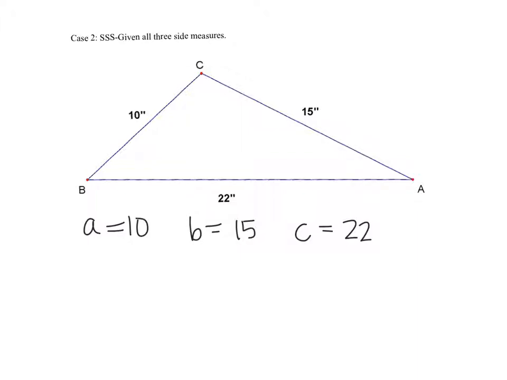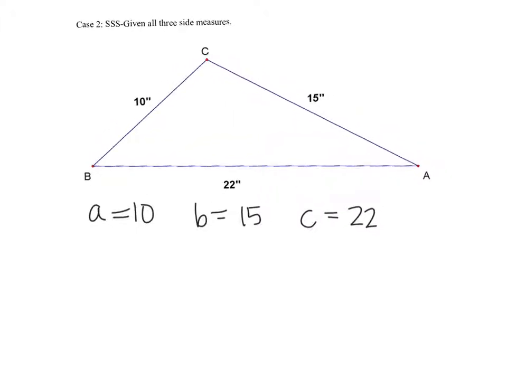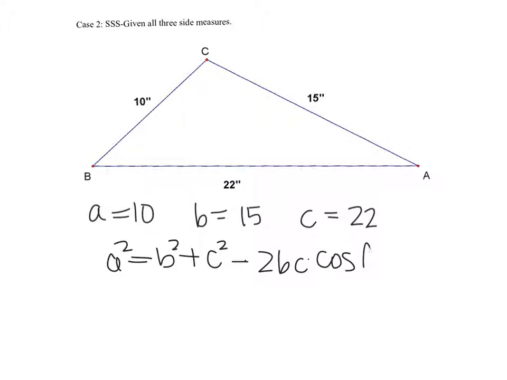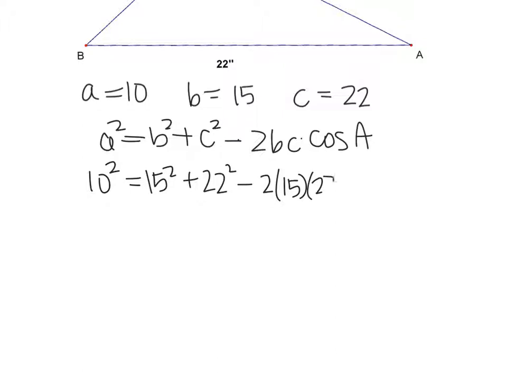I'm going to solve for angle A. We use the formula a squared equals b squared plus c squared minus 2bc times the cosine of A. We plug in a, b, and c: 10 squared equals 15 squared plus 22 squared minus 2 times 15 times 22 times the cosine of A.